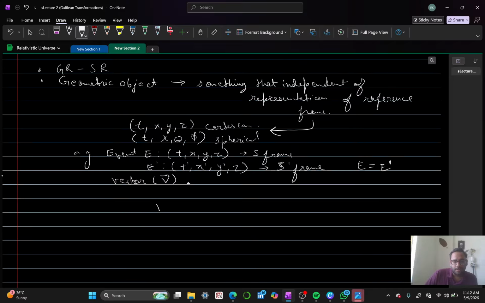A vector V can be written in the S frame like this, and similarly it can also be written in the prime frame with different components.